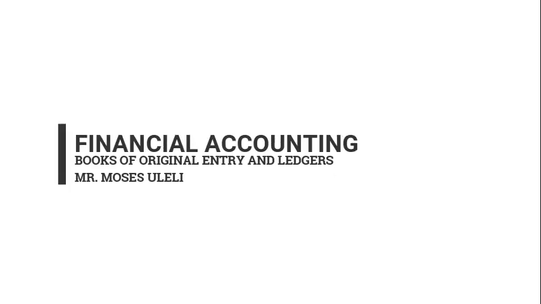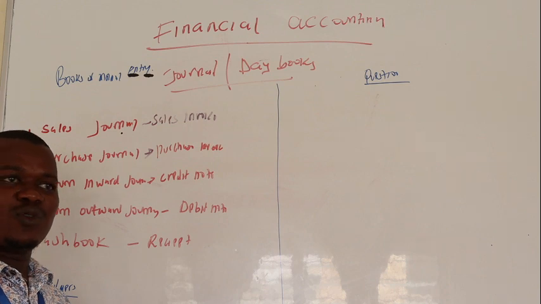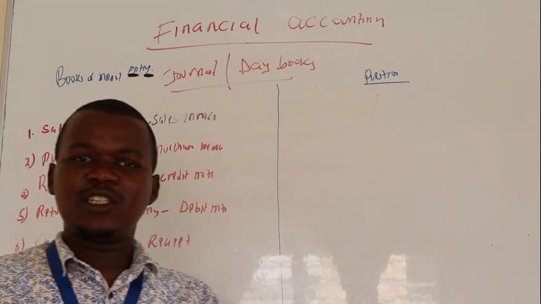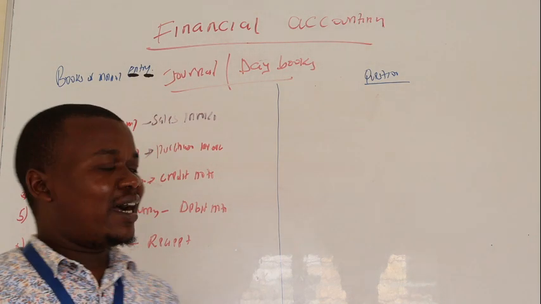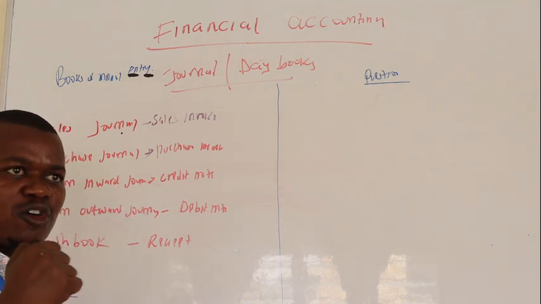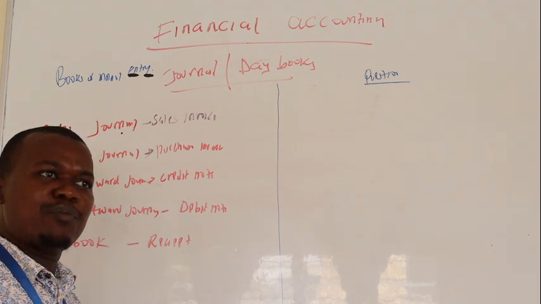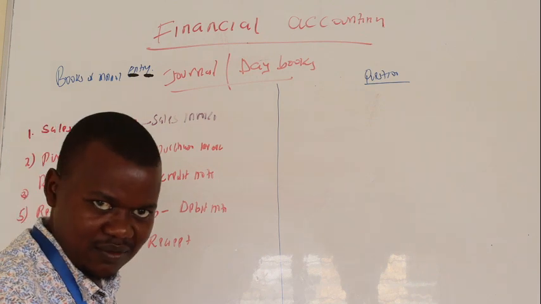When we are talking of books of original entry, they are also referred to as journals, or day books. We say that there are 5 types of books of original entry, and this is the first book where we enter the source document.